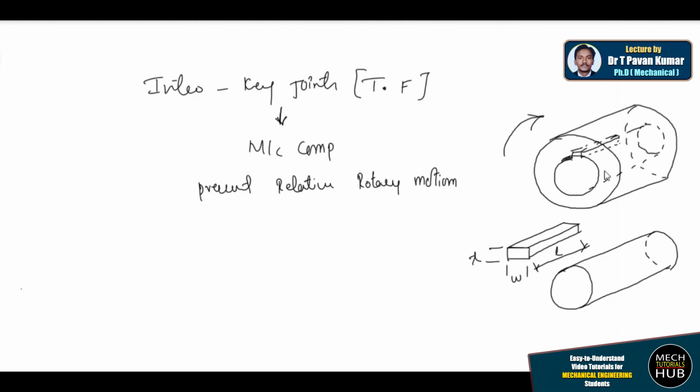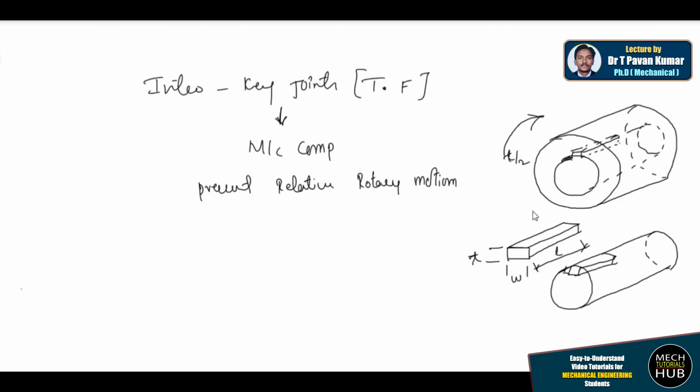In some cases, based on the thickness, T/2 thickness of keyway is provided in the hub, and T/2 thickness of keyway is also provided in the shaft portion. In a few cases this is also possible. What those cases are, we will discuss in detail: in which case we provide a keyway only in the hub, and in which case we provide a keyway both in the hub as well as in the shaft.